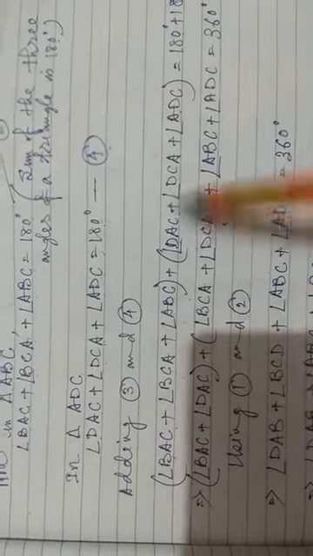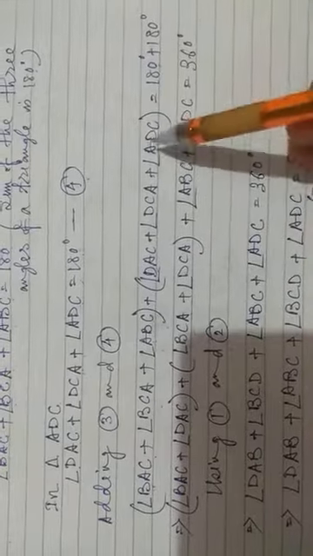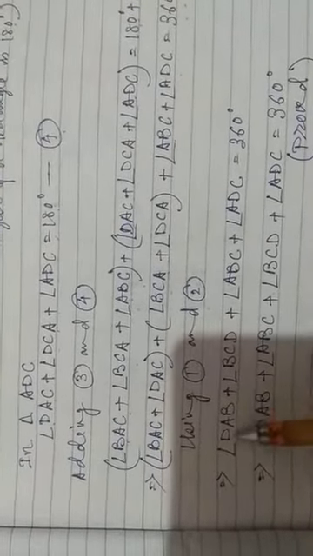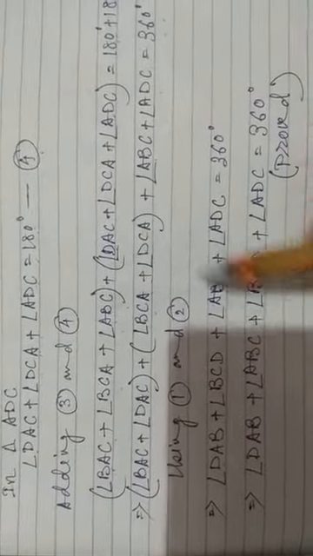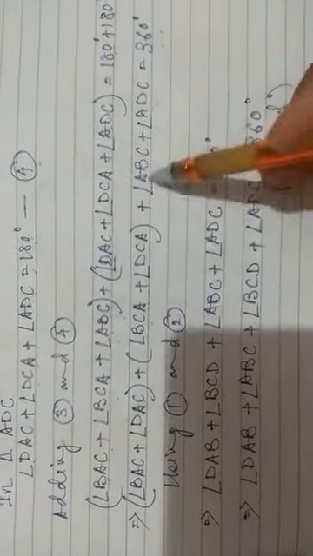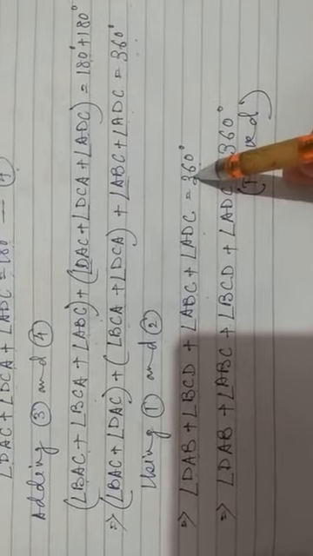Now we arrange it: BAC plus DAC, BCA plus DCA, plus angle ABC plus angle ADC equals 360. Now using relations 1 and 2, angle DAB plus angle BCD plus angle ABC plus angle ADC equals 360 degrees. So this proves that the sum of the four angles of quadrilateral ABCD is 360 degrees.